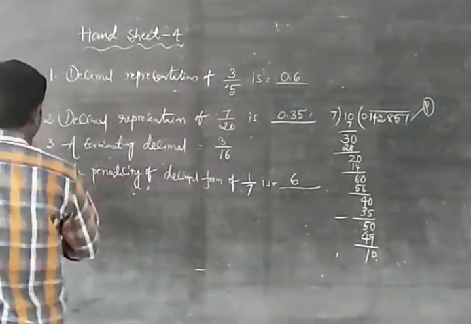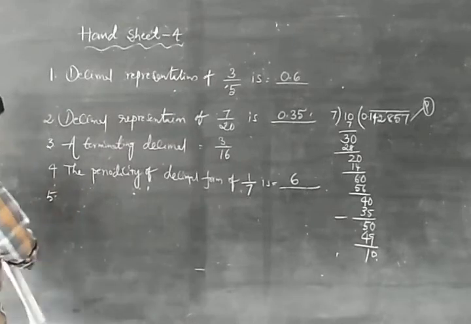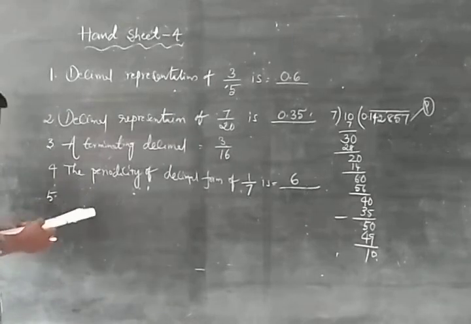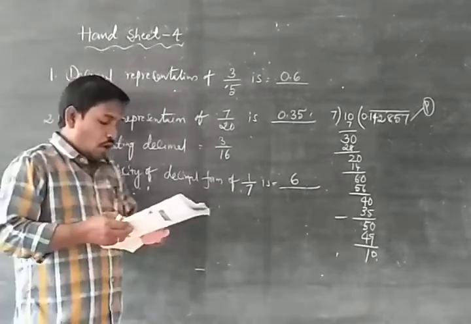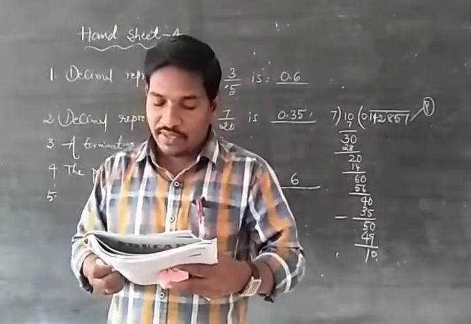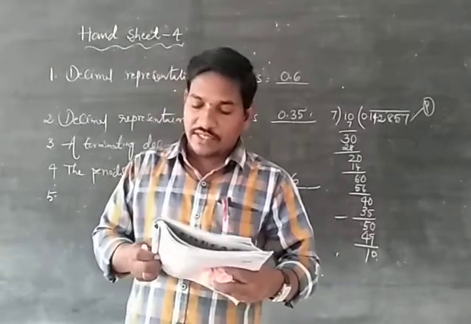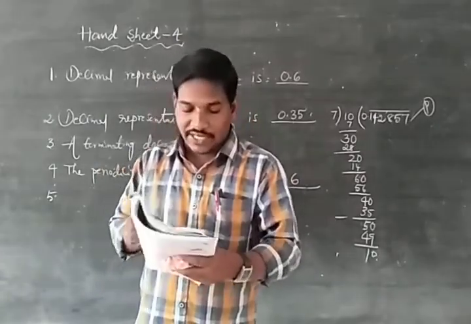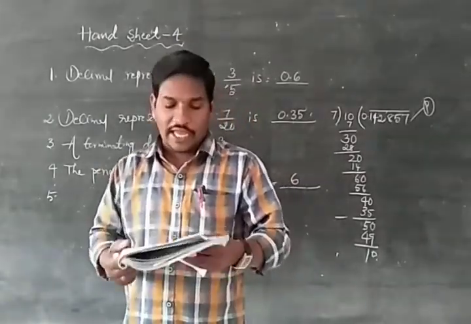Okay, next. Fifth one. While converting a rational number into decimal, if the process of division terminates, then the decimal is terminating.